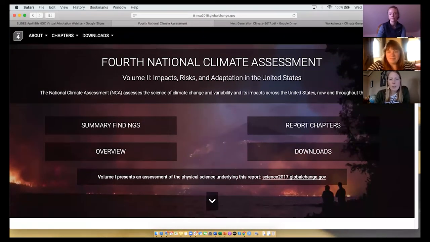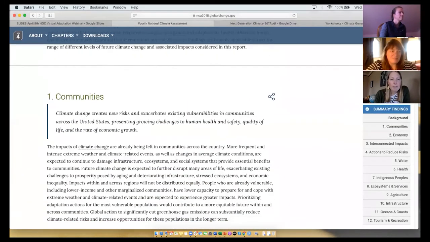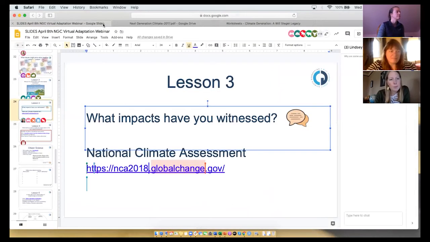It divides it into regions of the world, with impacts that people are seeing. It has photos and maps. So all of those are there for you to play around with, and lesson 3 can walk you through some of those. So check it out.